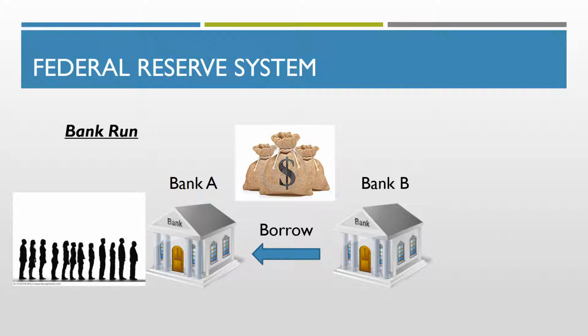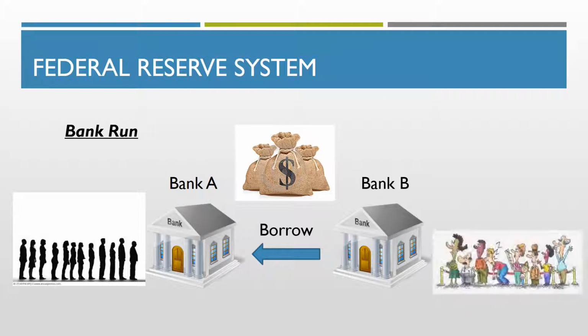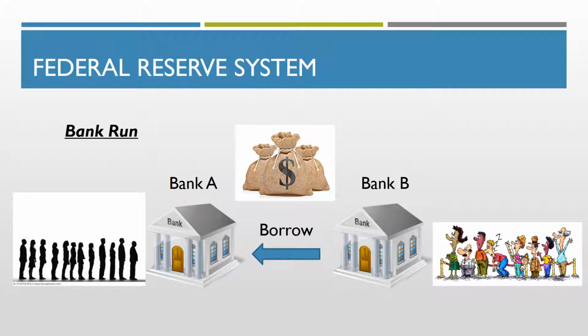So banks borrowing from banks are very normal and regular activities. But the problem is, what if Bank A has all these people lining up to get their money back, and at the same time, Bank B also has all these depositors trying to withdraw money from their accounts?